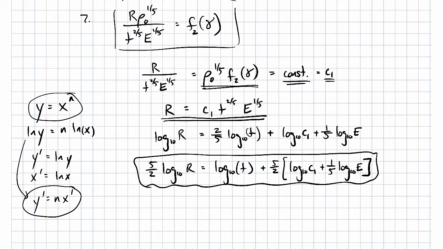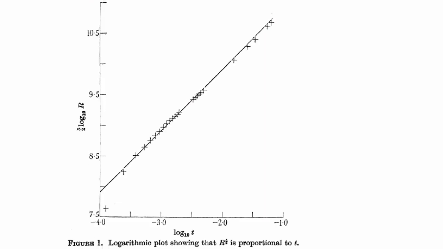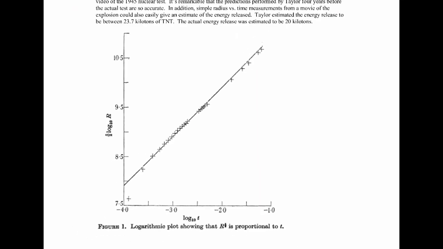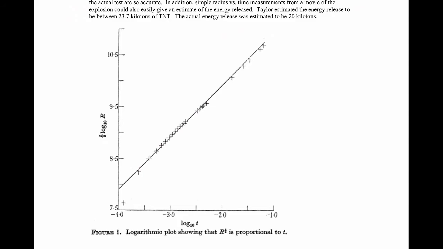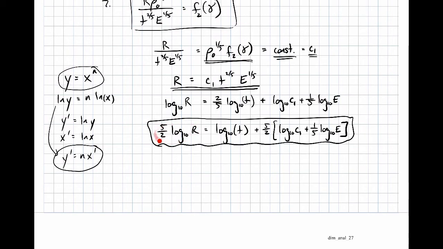All right, so anyway, this is what G.I. Taylor did, and he ended up with this kind of a picture here. So this is a plot of that 5/2 log base 10 of the radius and the log base 10 of the time. Just remember this picture up here. Here's log base 10 of the radius, log base 10 of the time, and then this is like the intercept.